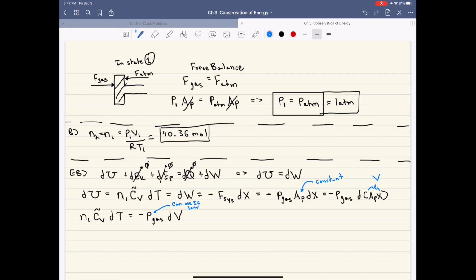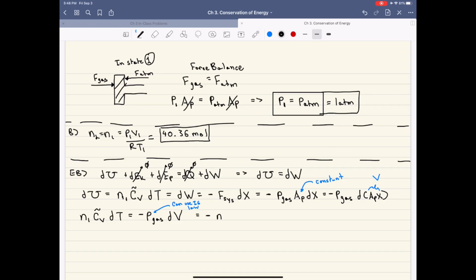In this case, the pressure of our gas is going to be changing as the volume of the system is changing as well. Okay? And the way we describe that change is by using the ideal gas law. Okay? And so what we could do is plug the ideal gas law into P gas.